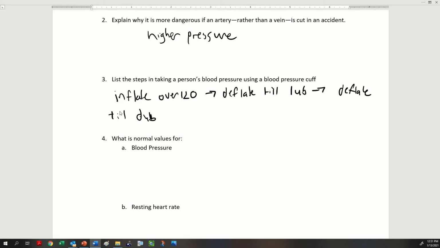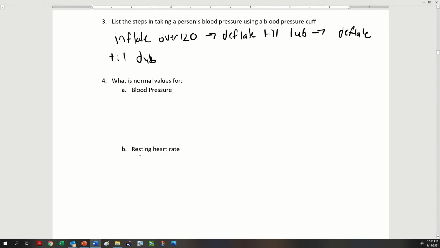The lub is the ventricle contracting, and the dub is the ventricle relaxing, until you can hear that second part of the dub. Wherever it lubs is your first number, wherever it dubs is your second number.